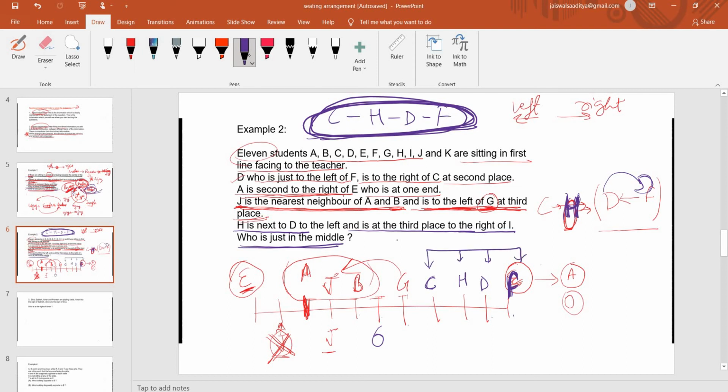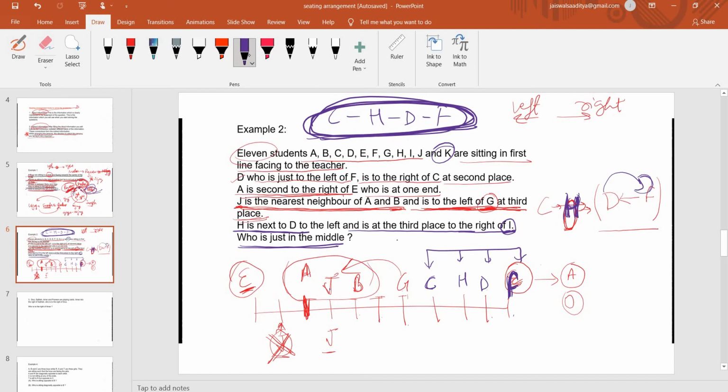Okay, so this is the only place. Now see, C, H, D, F and G, B, J, A are there. Okay, now what is left? I and K. One place is for I and one place is for K.